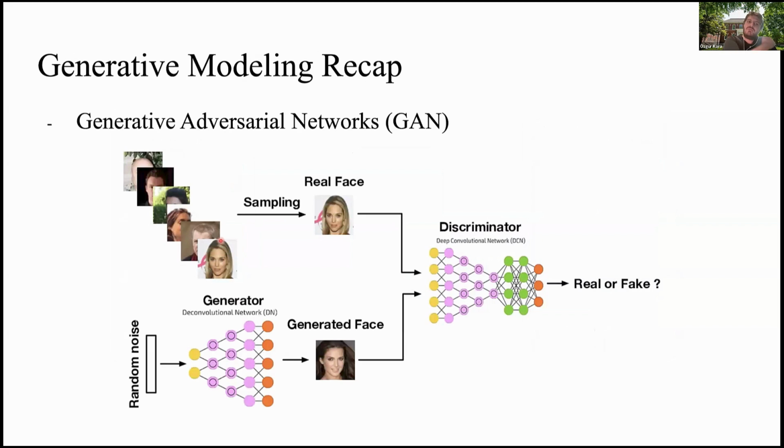So there are four categories we could say under generative modeling. The first and I think well-known one is the generative adversarial networks, GANs. Basically here we have two models called the generator and the discriminator. The generator tries to produce an image as qualitatively good and as realistic as possible, whereas the discriminator tries to determine whether its input image is real or fake.